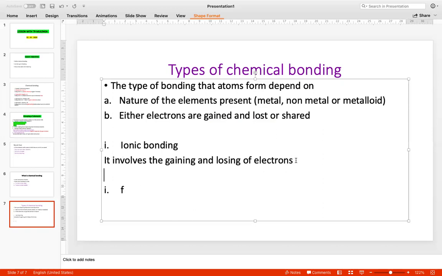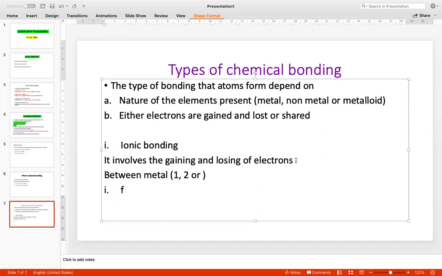That's the first type. Remember, the ones that are losing are metals. So it happens between metals, with number of electrons 1, 2, or 3, that lose electrons, and non-metals. That's why I started from there, so that we get reminded of where we are. Ionic bonding involves the gaining and losing of electrons.